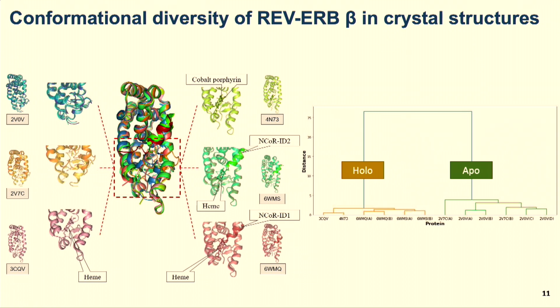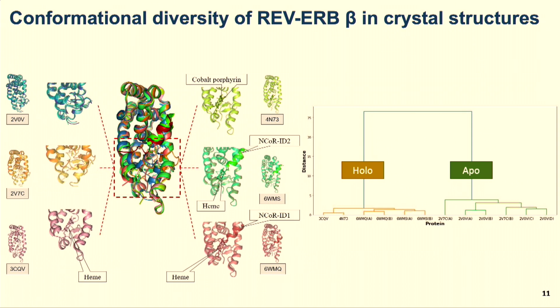There's nothing bound to it. Okay. This is also an apo structure. This is a heme bound structure. This is a structure in which heme as well as a part of the co-repressor, which it essentially brings in to do the transcription, is bound. Okay. This is another such structure in which another part of the co-repressor is bound.